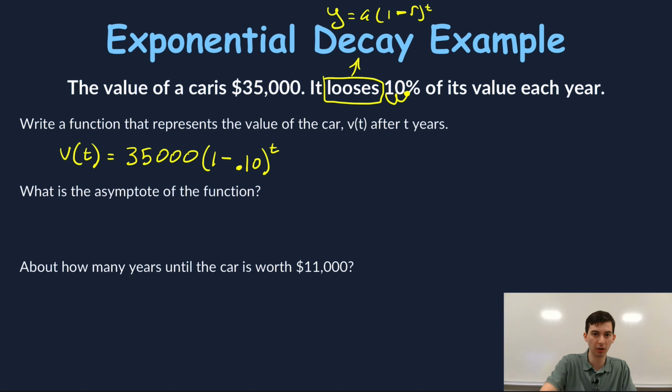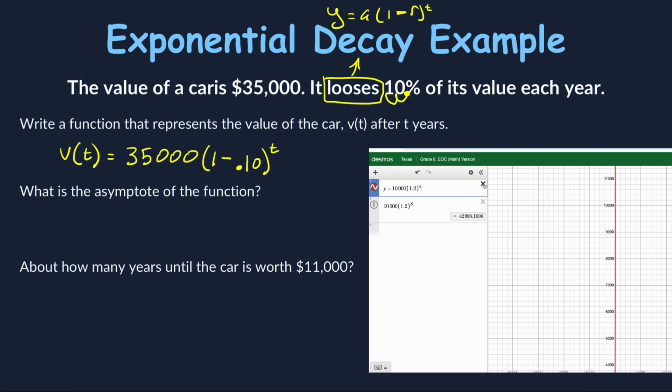So I'm going to switch back over to Desmos now, and let's clear all of this out. And so let's plug in my equation. So I'm going to say y equals, instead of the v of t, because I want a graph, 35,000, and this is 1 minus 0.1, and it's going to be raised to the x.